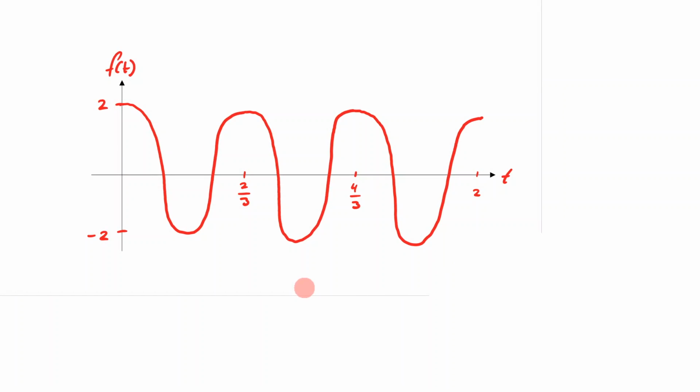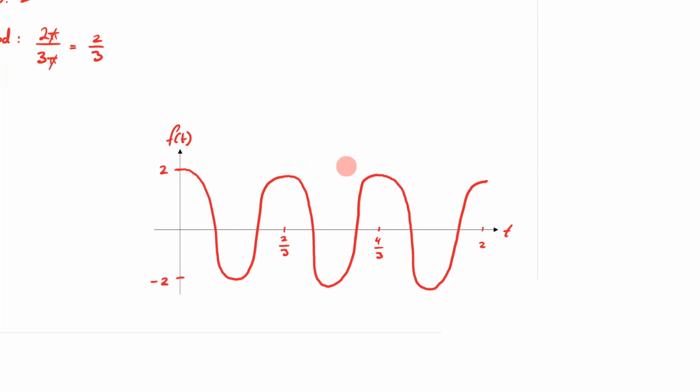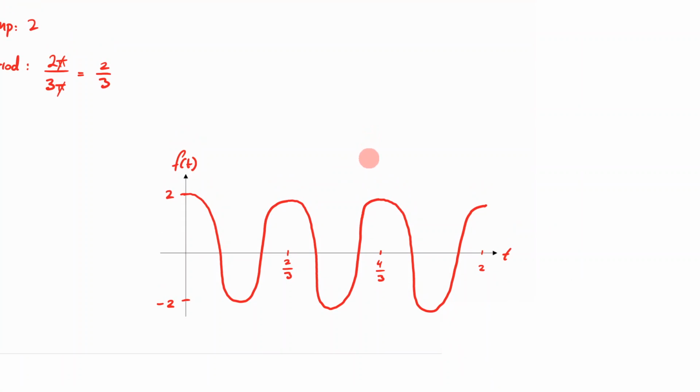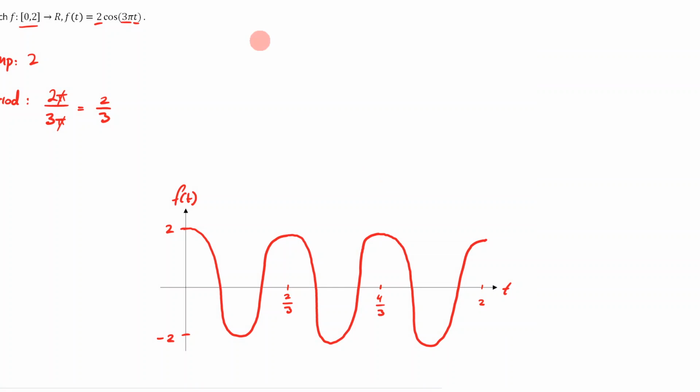Perfect. Having now done that, you can see that there are in fact 3 cycles within the domain. Another way you could have verified how many cycles are in the domain is by doing something like this. So how many cycles in domain?